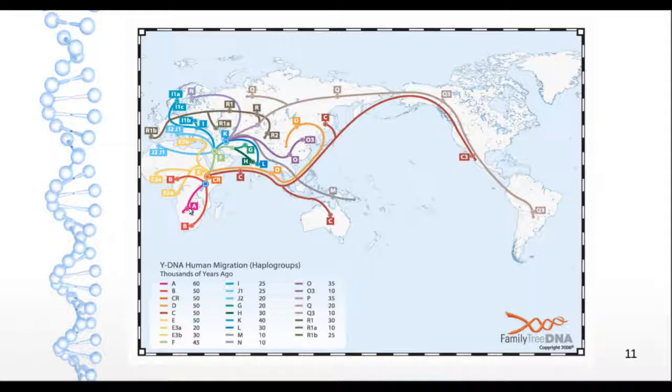So man began in Africa, and over the centuries, about 60,000 years ago, man started to migrate from Africa and started to populate the rest of the world. Haplogroups basically follow this migration. Depending on where your ancestors migrated to, that is what haplogroup you are assigned.